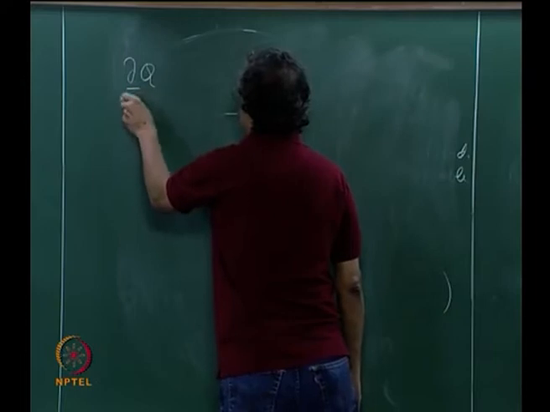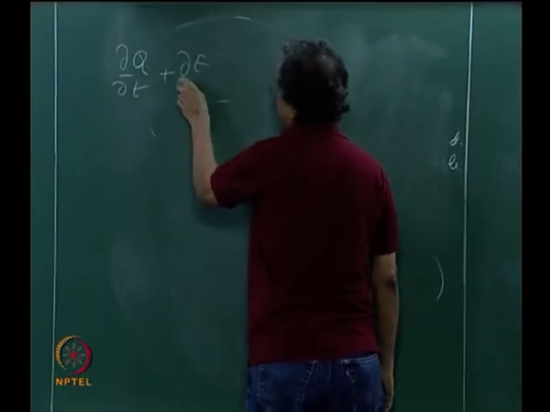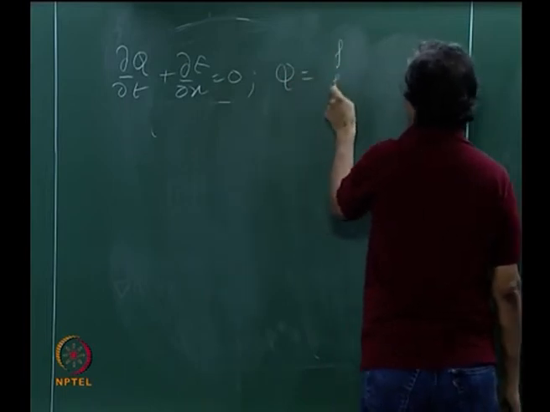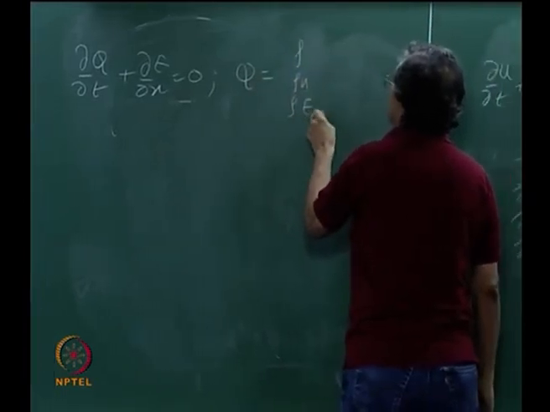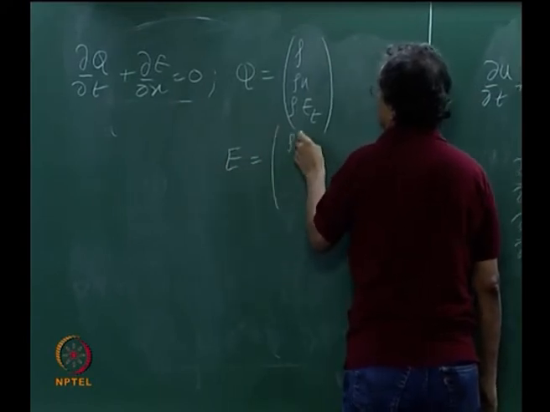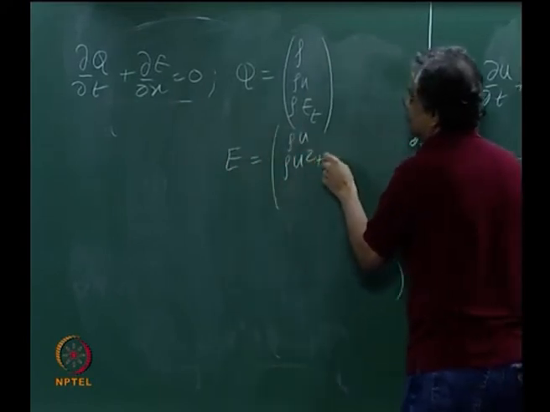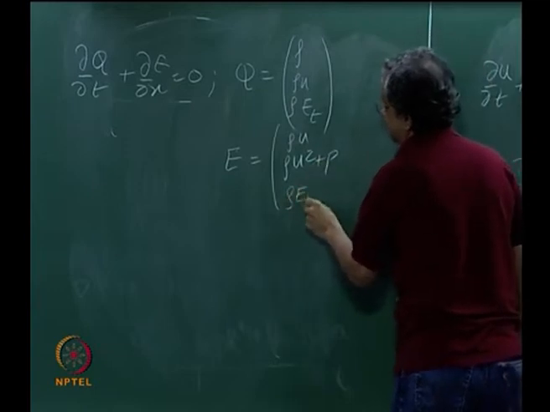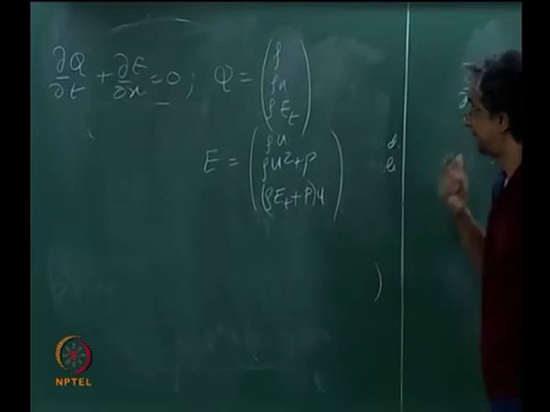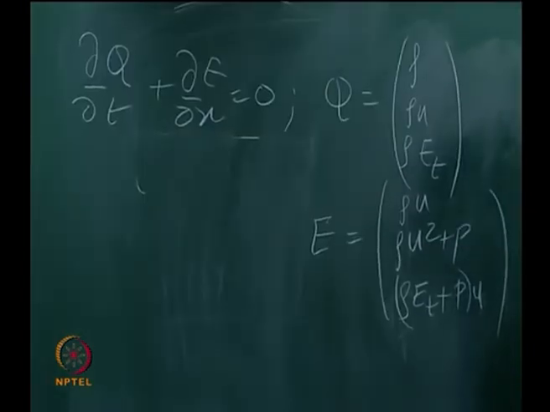∂Q/∂t plus ∂E/∂x equals 0. Q was rho u, rho total energy, and E of course is rho u squared plus p, rho e t plus p times u, okay, right.